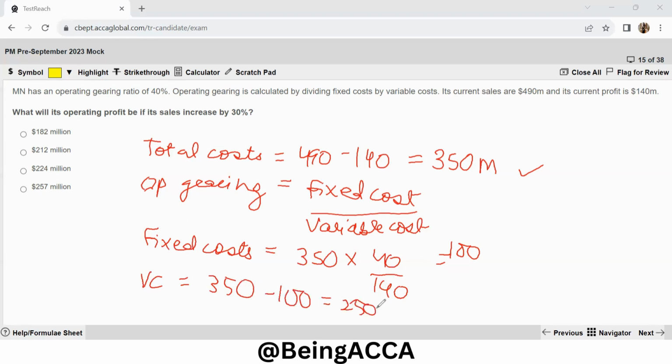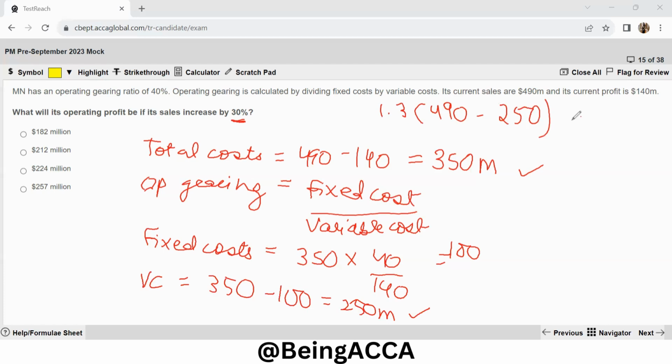Variable cost will be nothing but total minus my fixed component, which is 100, and this will come out to be $250 million. Now they are saying that the sales are increasing by 30%. So if the sales are increasing by 30%, my contribution will also increase by 30%. So my contribution will be 1.3 multiplied by your revenue, because revenue will also increase by 30%, and the variable costs, which were $250 million, will also increase by 30%.